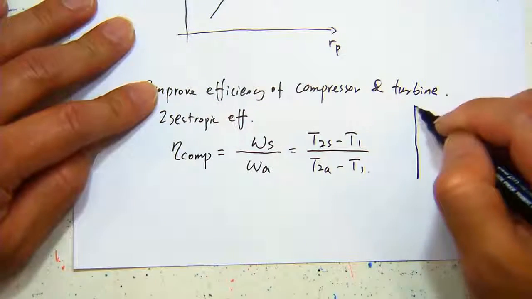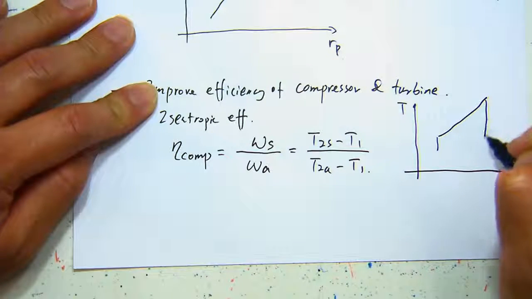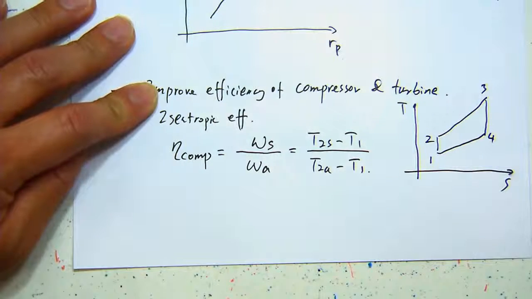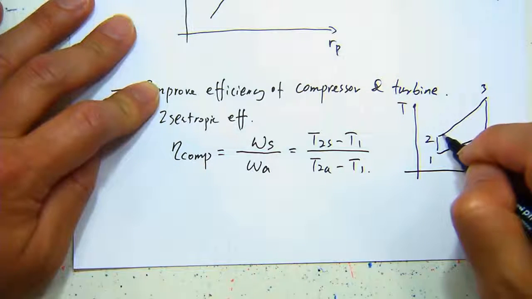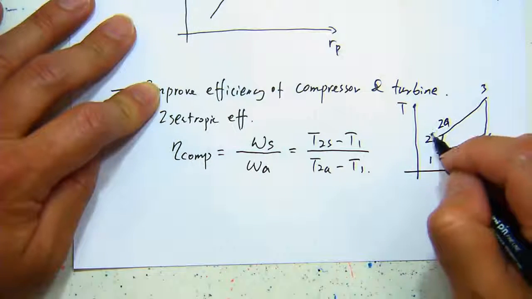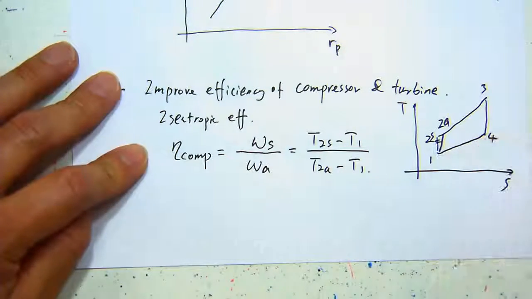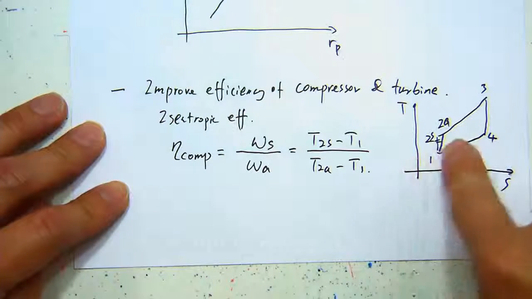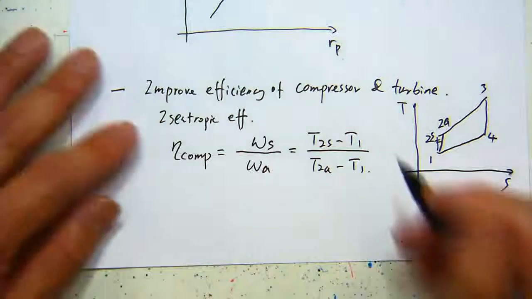Let me just draw it again. So in reality, you go through a process like this. This is your 2A, and the vertical line corresponds to 2S. The ratio between the isentropic temperature rise and this larger actual one gives you the compressor efficiency, which is always smaller than 1.